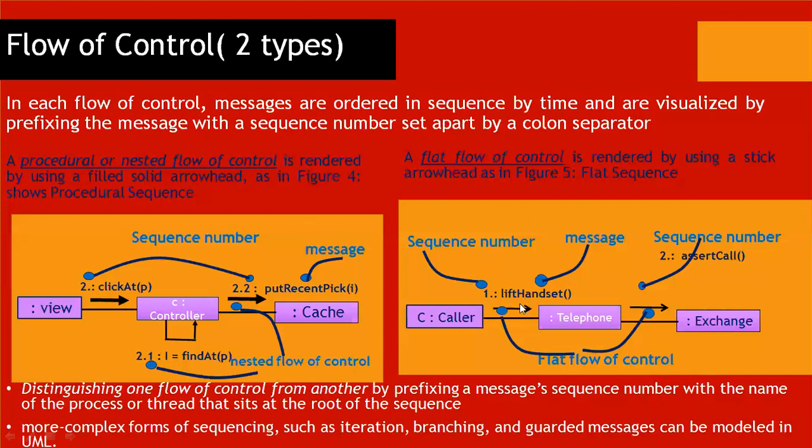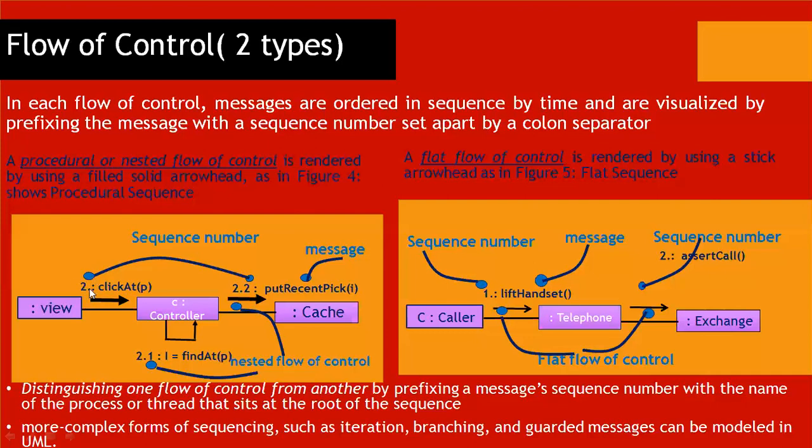You can see the difference clearly: this one has a solid arrowhead and this one has a stick arrowhead. We can distinguish one flow of control from another by prefixing the message's sequence number with the name of the process or thread that sits at the root of the sequence. Not only the arrow, but also the sequence number differs.